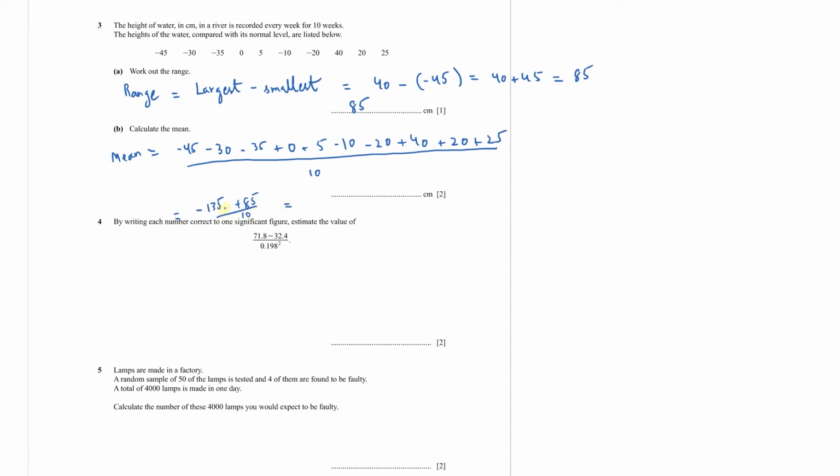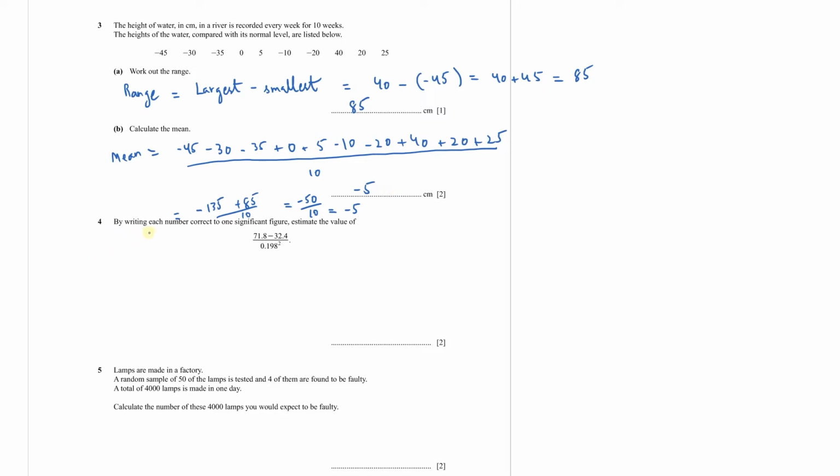So minus 135 plus 85 will be minus 50. So this will be minus 50 over 10, which is equal to minus 5. So your mean value is minus 5 centimeters.